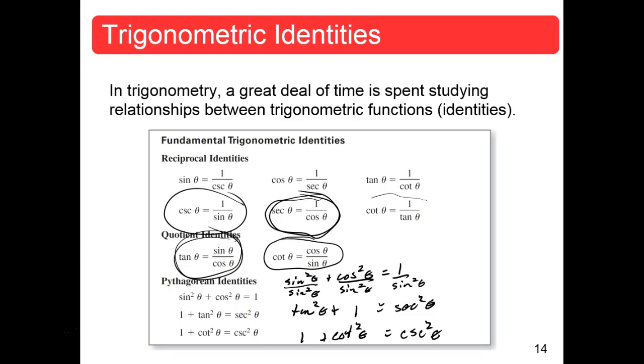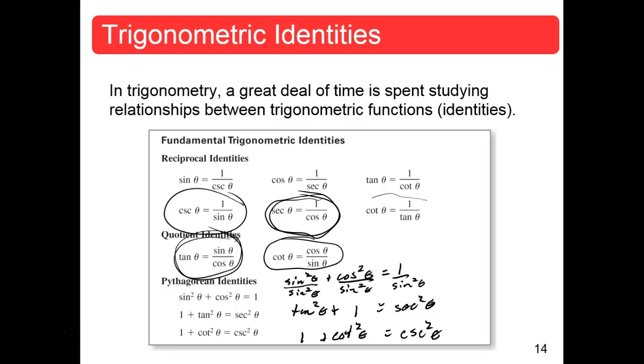Okay. Now, later, you're going to do all sorts of things. We might rewrite this as sine squared theta is 1 minus cosine squared theta, or cosine squared is 1 minus sine squared. You'll use those. Once you do those, you can factor those. There's all sorts of things.